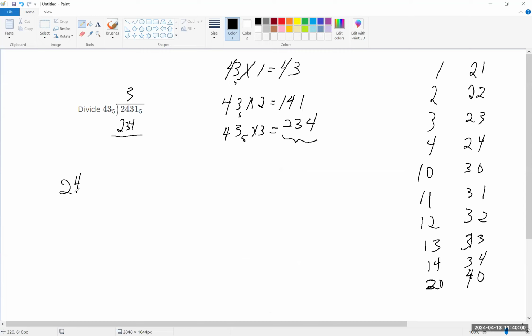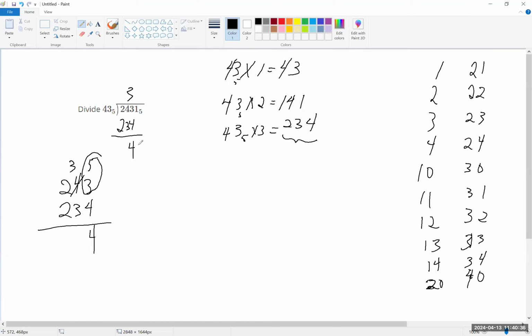Now there is a subtraction there. It has a little bit of work, but in my view it's not more challenging than what we've already done, except to know that if you borrow from this place value, you're actually borrowing 5 because it's in base 5. 5 plus 3 is 8, 8 take away 4 is 4. The others are 0, so the remainder is 4.